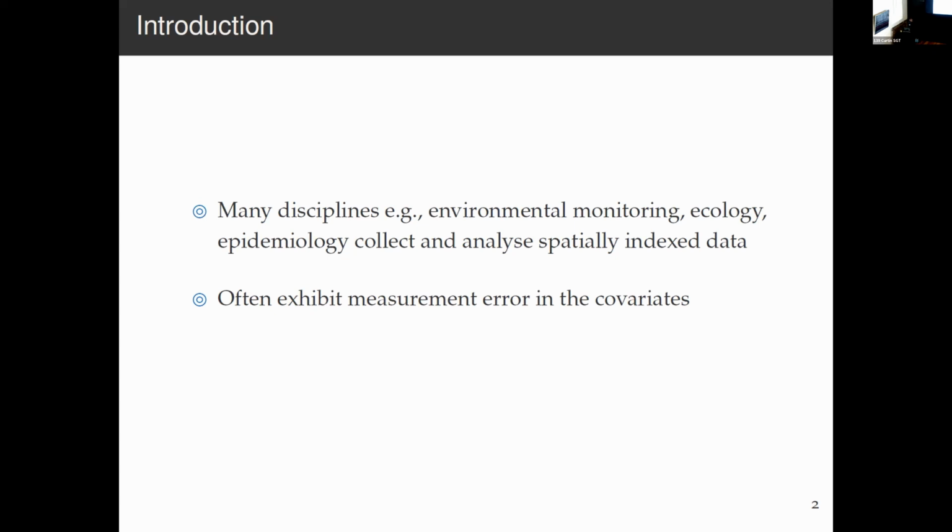And the second part of the problem that we are considering is, it turns out that in this kind of spatially indexed data, often there is going to be some kind of measurement error in the covariates. So often in this type of data, your covariates aren't measured perfectly.